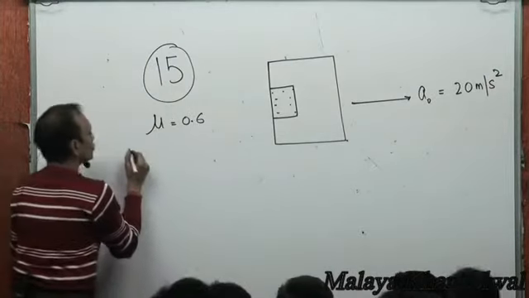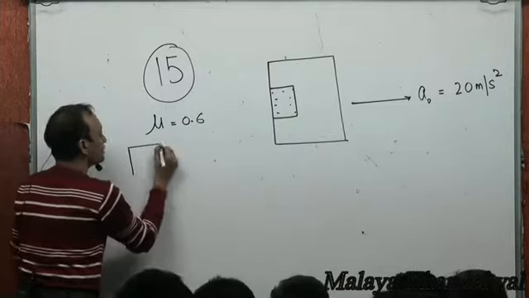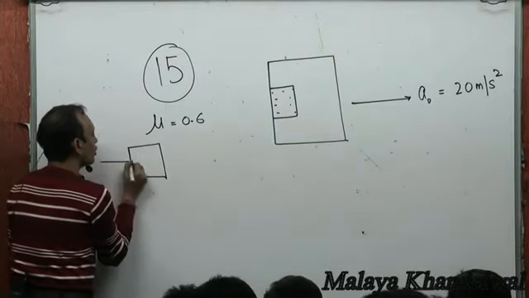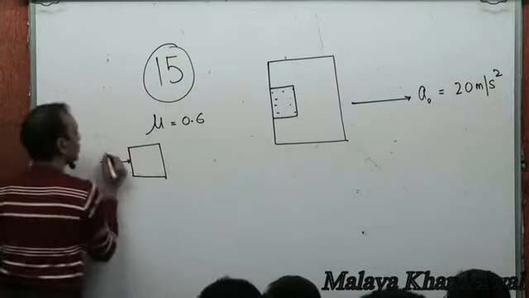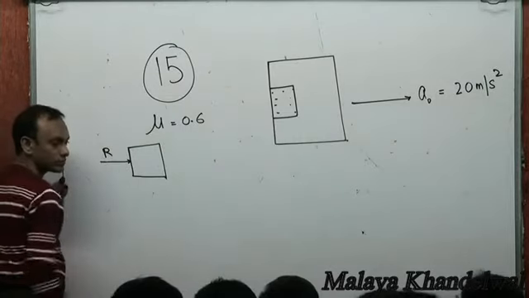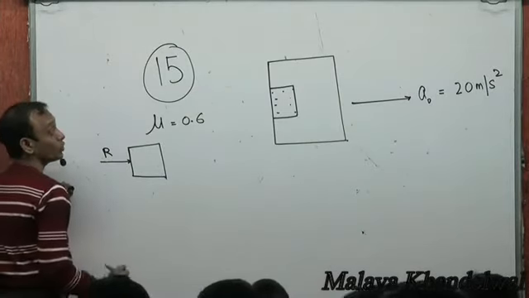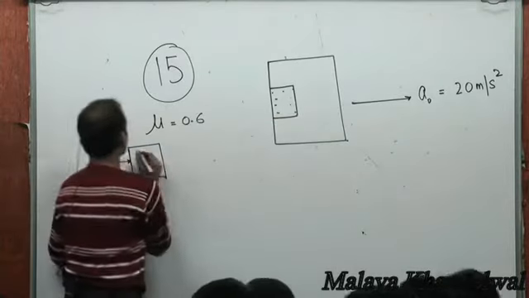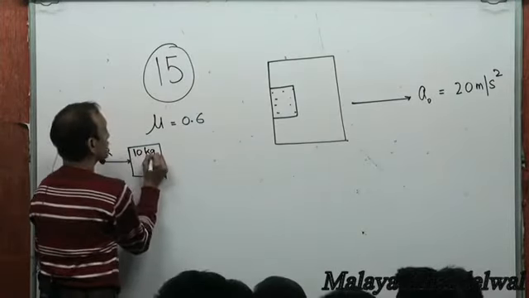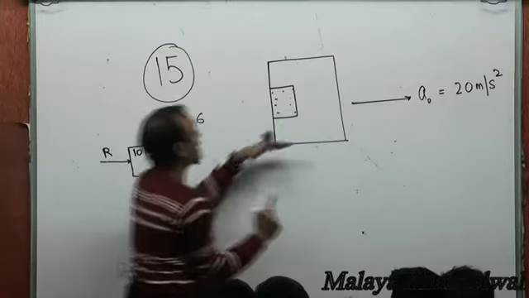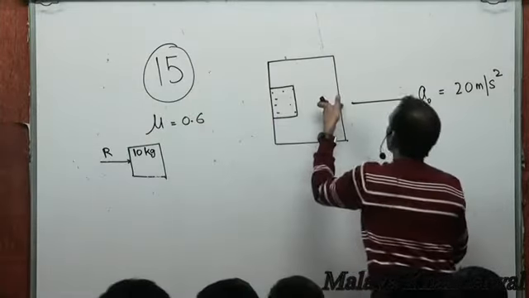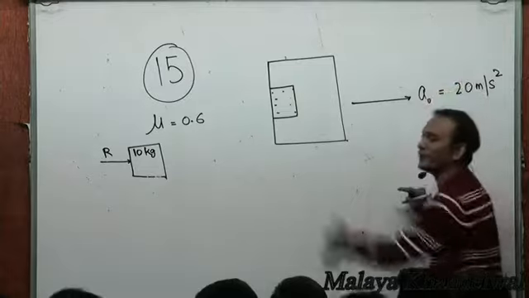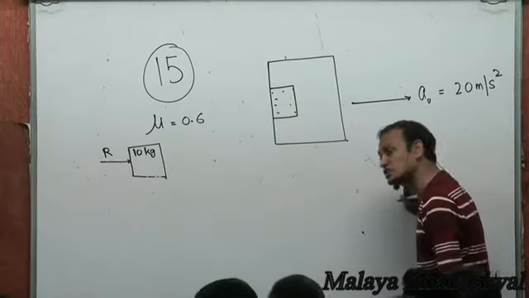So, the wall will exert on the block a normal reaction R, right? Such that, what's the mass of this block, by the way? 10 kgs, right? And this R must be such that the block and the frame have an acceleration of 20 meters per second squared to the right.